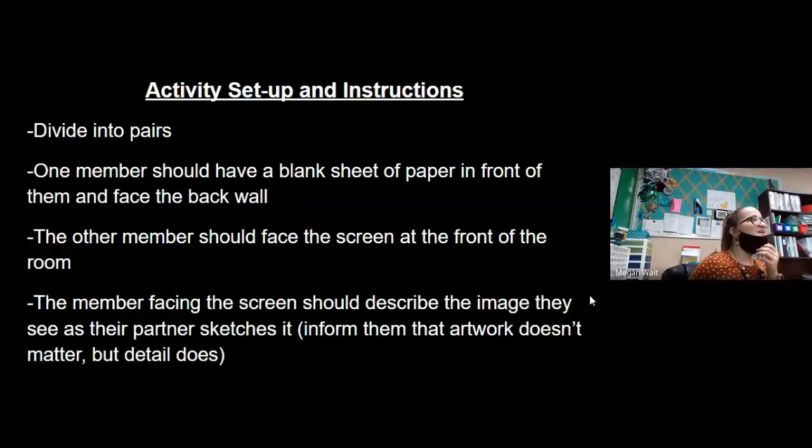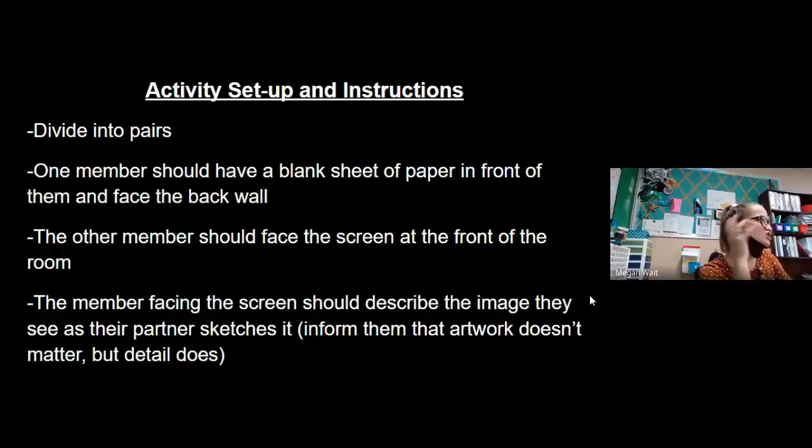All right, everybody who's facing the actual board, y'all are going to be describing the image that you see as your partner sketches it. This is a lot like that activity that we did when we were doing our sender-receiver model. The only difference is you can actually say what's in the picture now. So if there's a dog in the picture, you can literally say, okay, you're going to draw a dog.